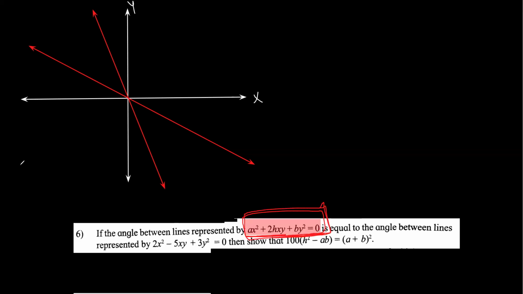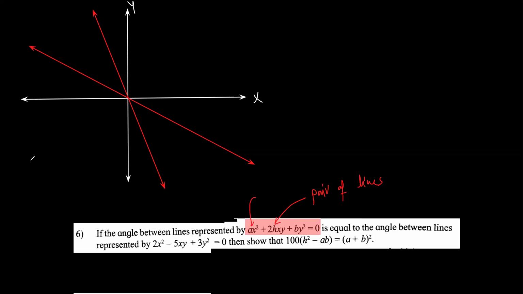So here they want you to consider that this equation represents a pair of lines passing through the origin. My dear students, we know it is a general second degree equation. In this equation, a can be any number, h and b can also be any number. So in that case, this equation represents an infinite number of pairs of lines, for different values of a, b and h.